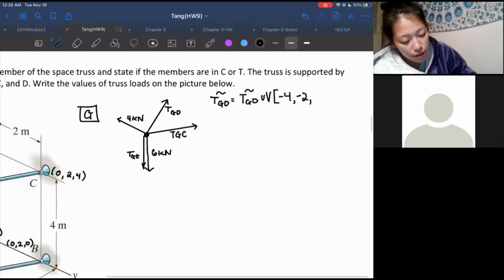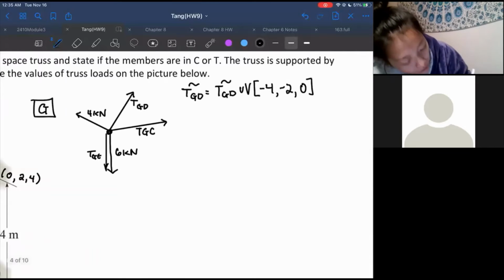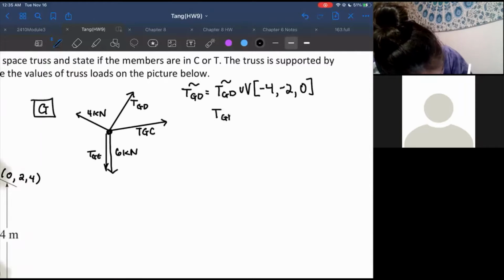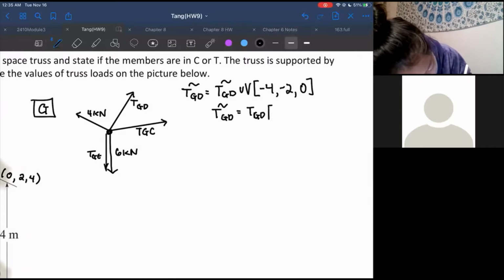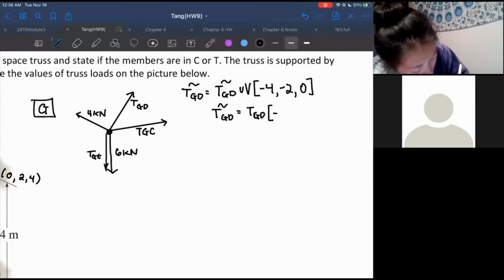And 4 minus 4, which is 0. And we're going to unitize that vector. I usually just use a force program, then write the values. That'll be -0.894, -0.447, and 0.